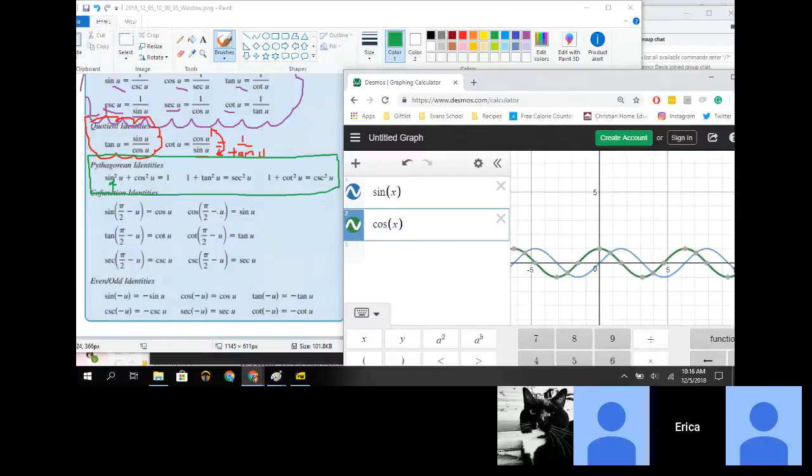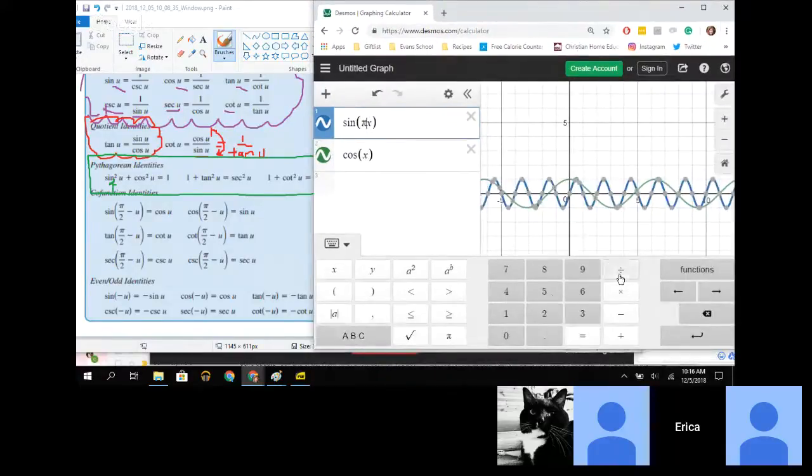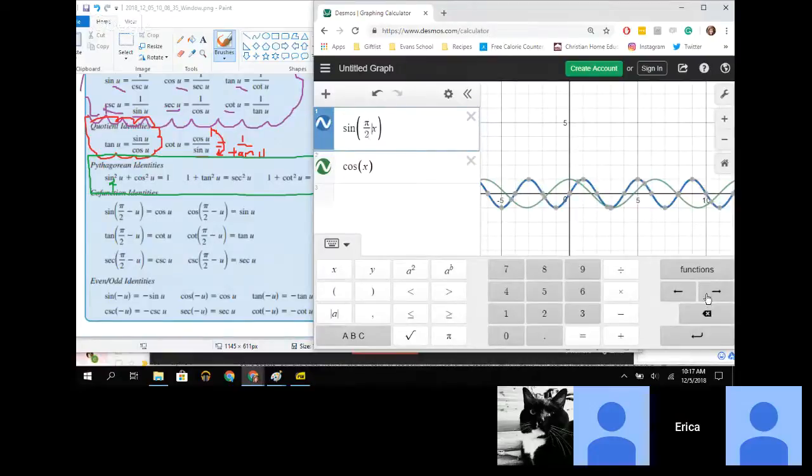So one of the identities that mathematicians have come up with is that if I shift my sine graph by doing pi divided by 2 minus x, then it overlays with the cosine curve.